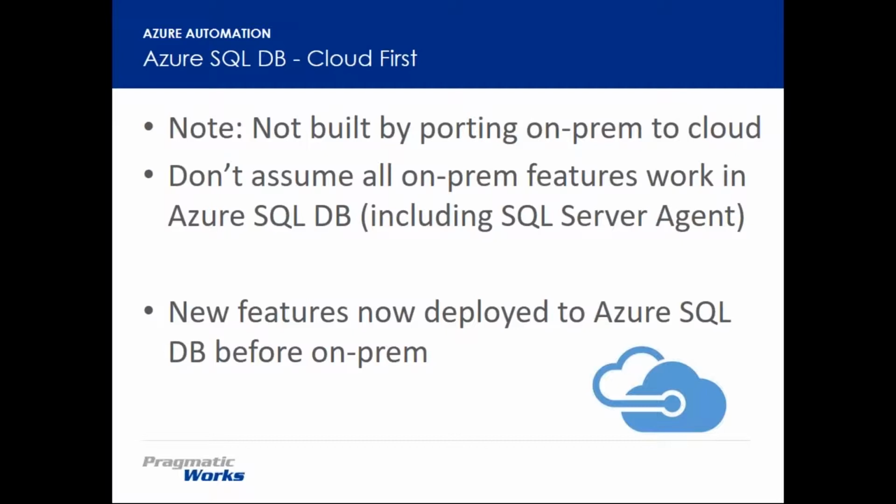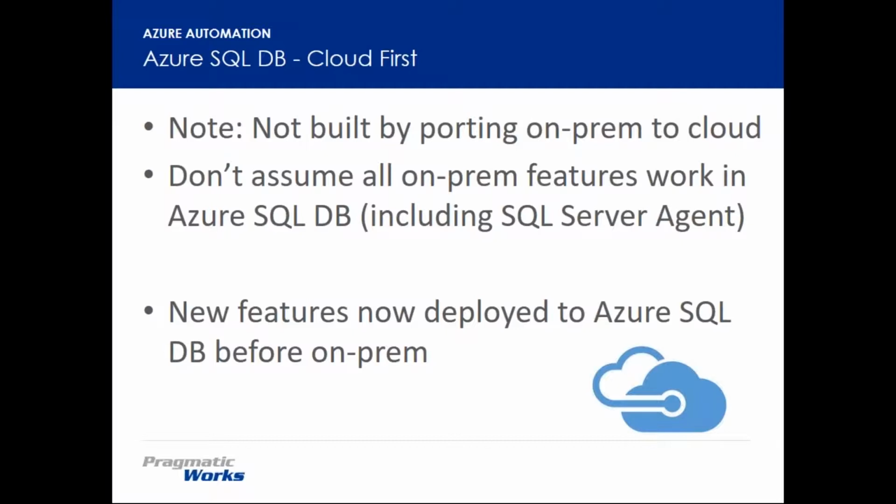The other thing that helps me understand the world that we're living in today is that any new database features that Microsoft is currently developing will be deployed first to Azure SQL Database. Then, after they gain some traction and get a little bit of feedback, they are released to the on-prem version.